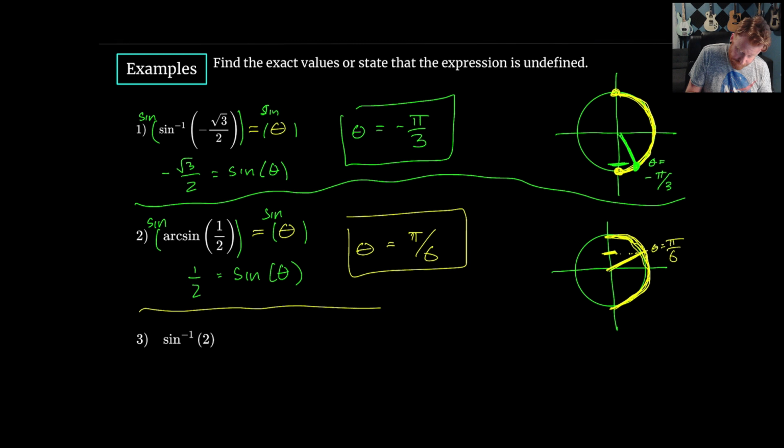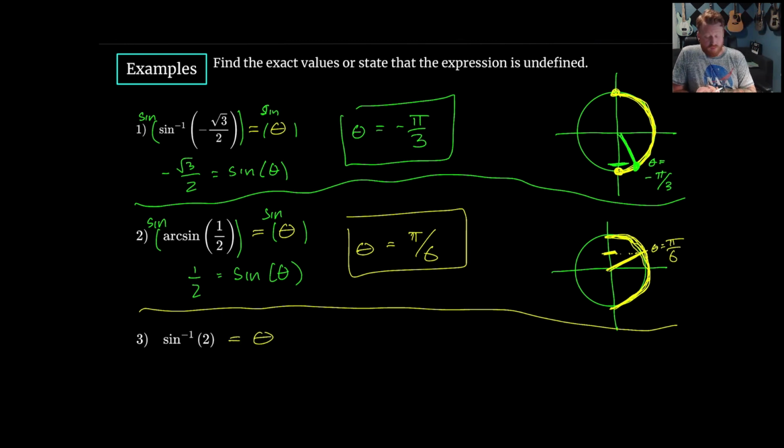The last one here is sine inverse of 2. And already maybe there are bells and alarms going off in our head because we are restricted to our domain here.